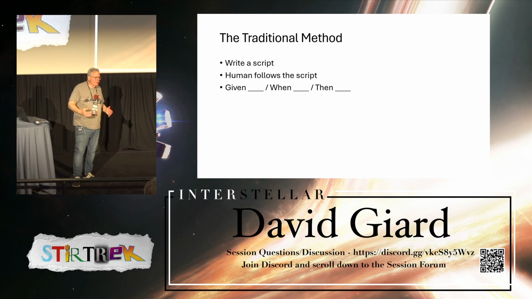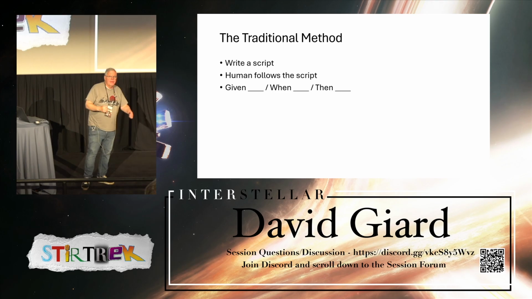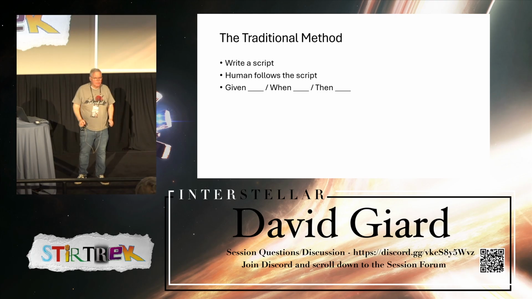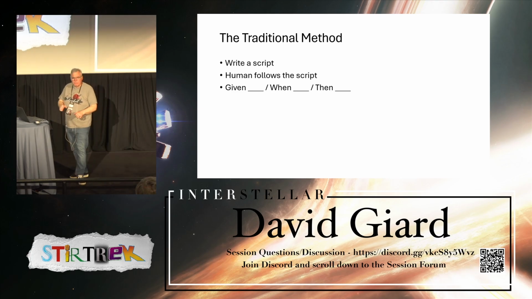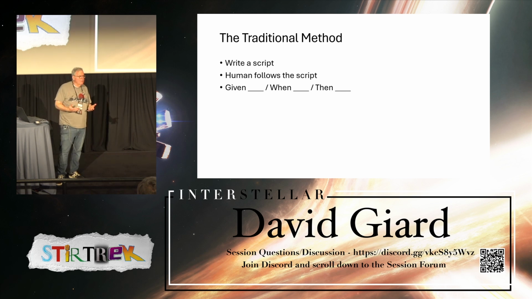Given that you've logged into the application, when you perform some action or some event occurs, when I click on this button, then I expect this thing to happen. Some conditions ahead of time, and then I assert that some text will appear on the screen, or I'll navigate to this page, or whatever. That's the kind of test. But human beings typically would do that. In the many decades that I've been doing this, that's how testing goes.